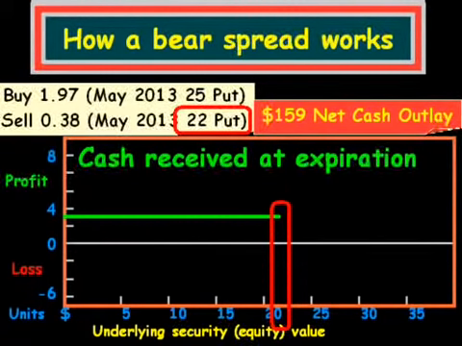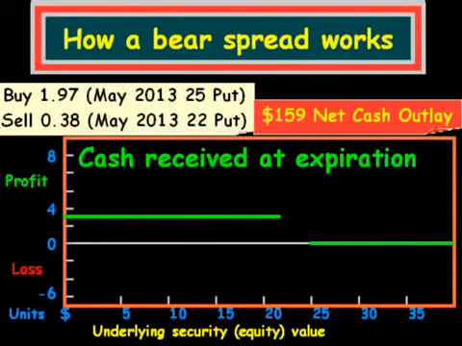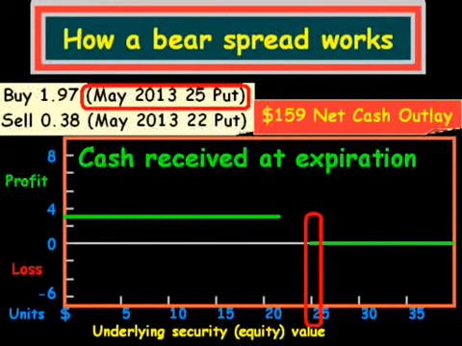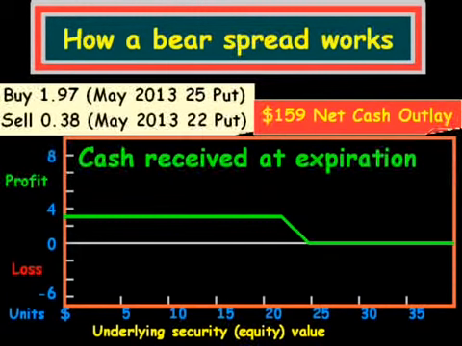We also know the minimum that we can receive is 0, and that's if the stock is at 25 or higher. Then we just take a line and connect the two together, and that is how we graph the cash received at expiration.